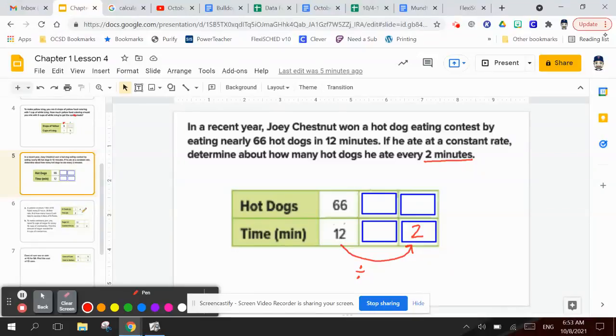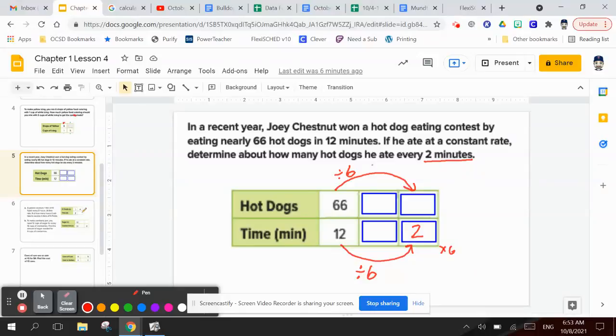So what can I divide 12 by to get 2? Well, I know that 2 times 6 is 12. So 6 must be what I'm dividing by. So whatever I do to the bottom number, I have to do the same thing to my top number, because as an equivalent ratio, we have to do the same thing to the top and bottom.